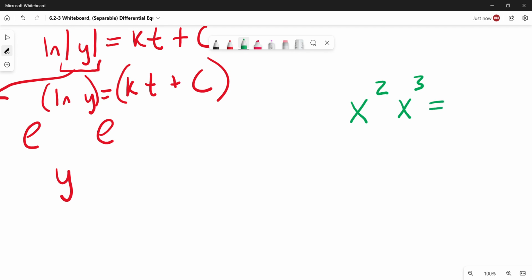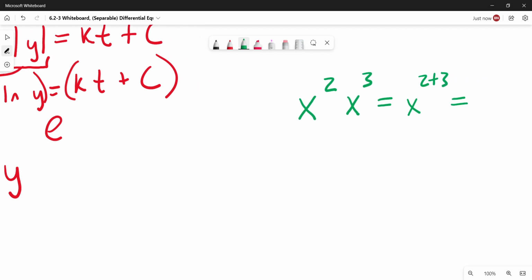What was that equal to? Hopefully you're saying x to the 5, x to the 2 plus 3. It was x times x times x times x times x, a bunch of x's, 5 x's, x to the 5th.